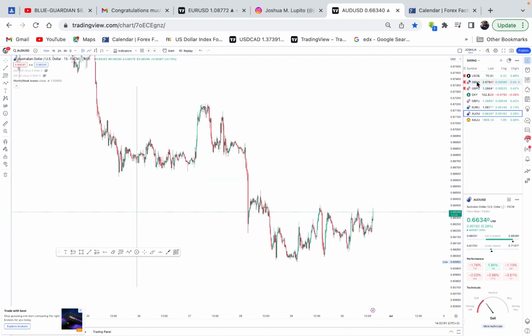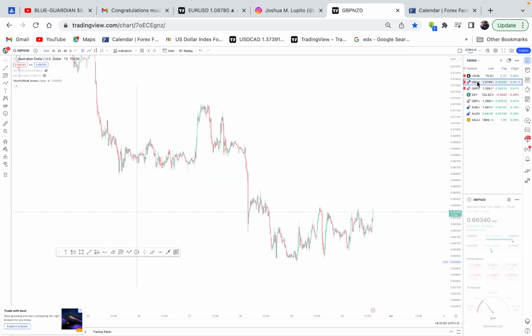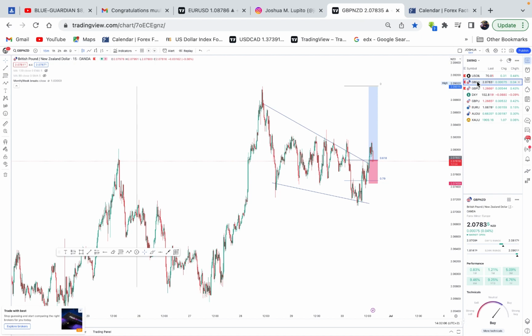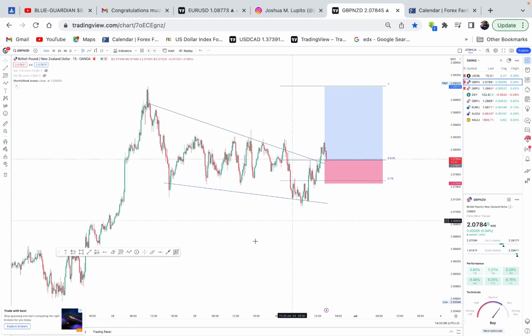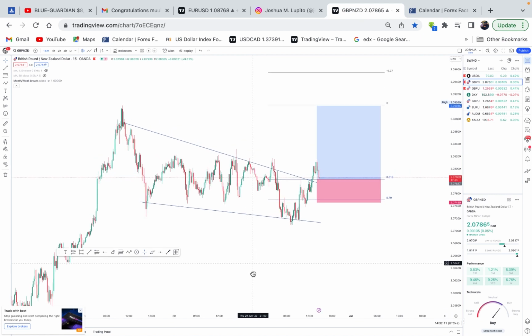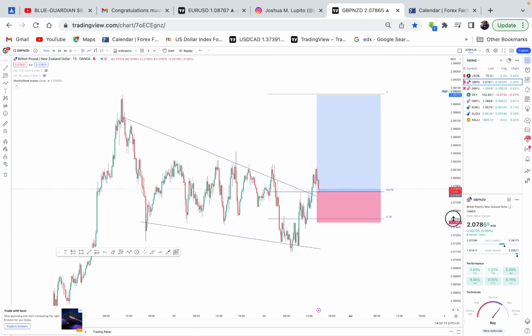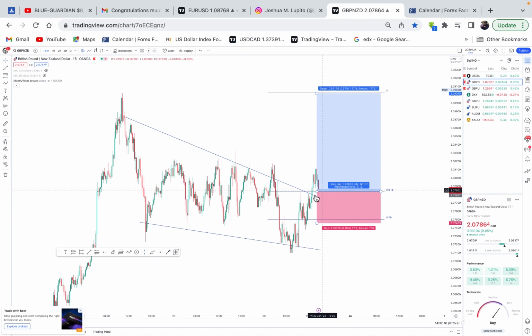We have this on my chart today, but I also had this setup here. Okay, so I'm looking for this setup, which is GBPUSD, to actually push up. So I was waiting for the market to break structure, then come back to this point, which is 0.618, in order for me to look for more opportunities.